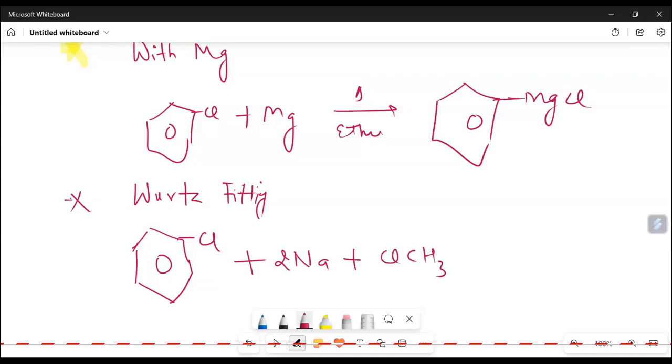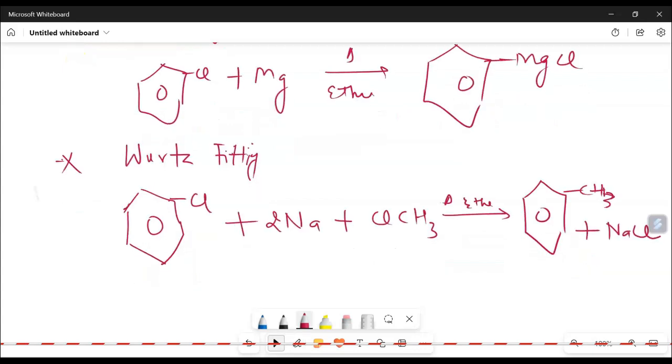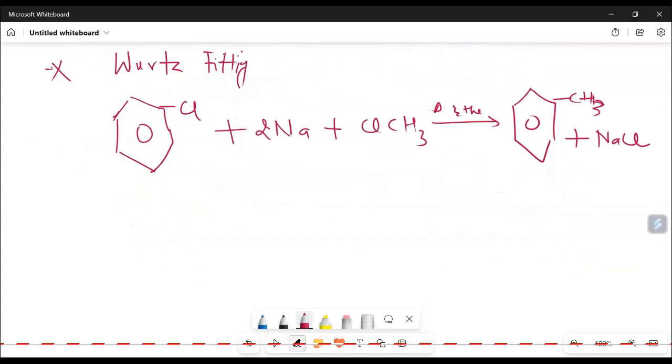ClCH3 in the presence of ether, it will form toluene plus NaCl. It's called Wurtz-Fittig reaction.